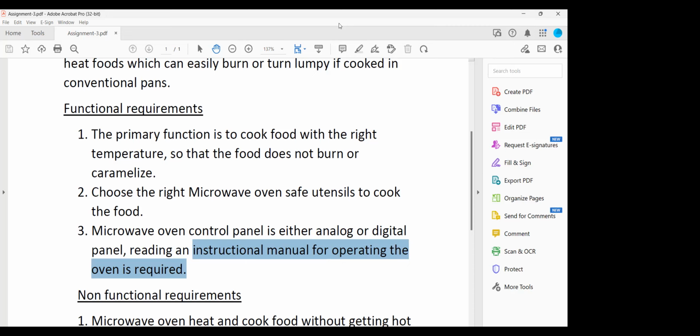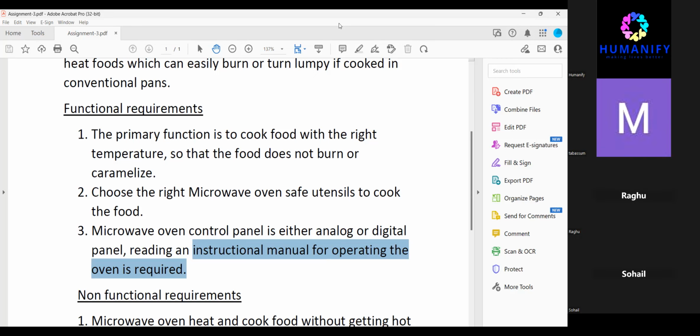You take it to the repair shop and they will fix it. But if it is very complex, you need to go to specialized people, and the cost of maintenance is going to increase. Yes or no? So the cost increased to maintain.